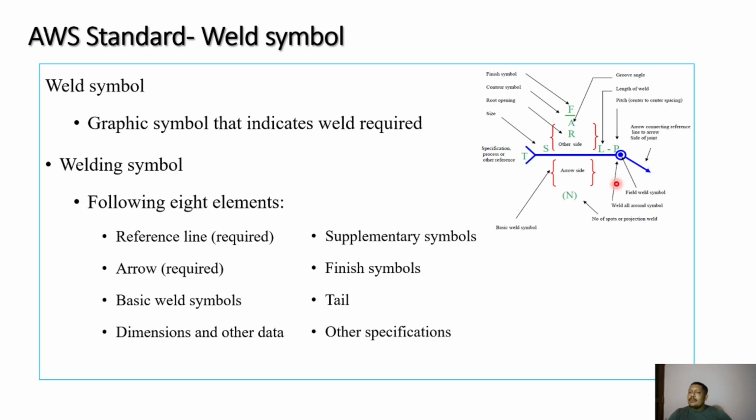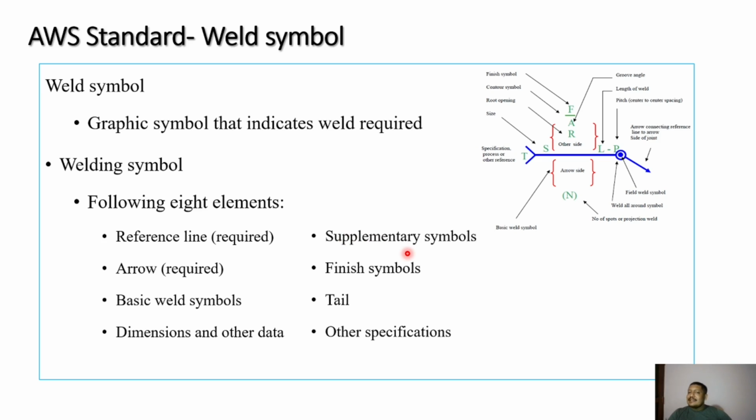Then the basic weld symbol, whether it is a groove weld, a fillet weld, a flare weld, a spot weld, etc. If it is a groove weld, you have to see the depth of the groove, the root opening, and the groove angle. This information you enter on either this side or this side, based on where the arrow is pointing.